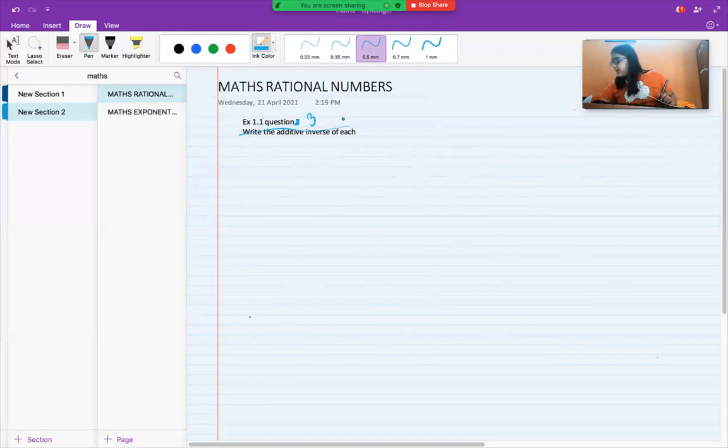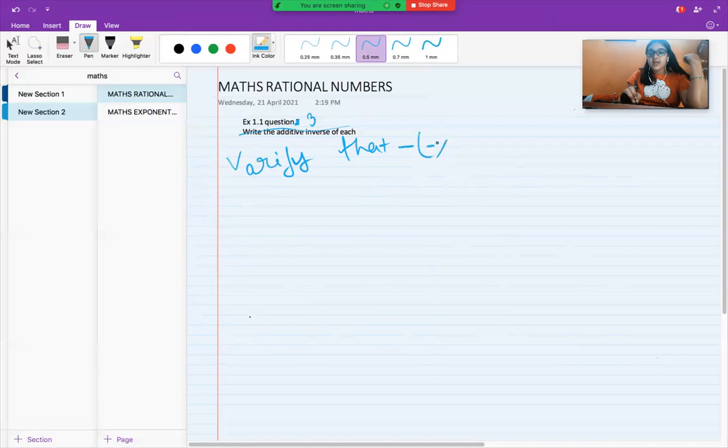Sorry, I was checking the book again and again. Question number 3 says: verify that minus of minus x is equal to x.